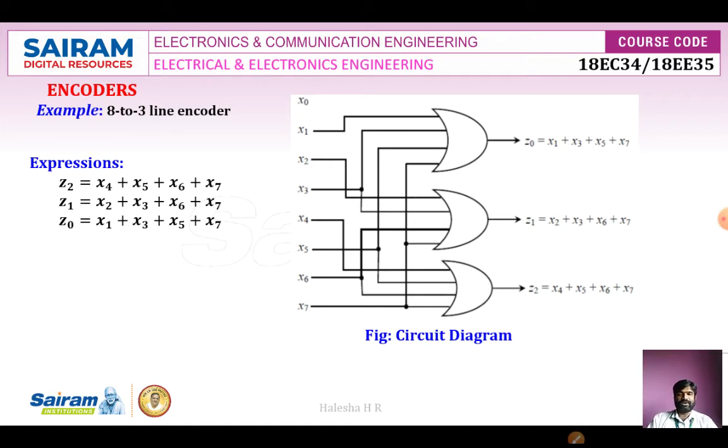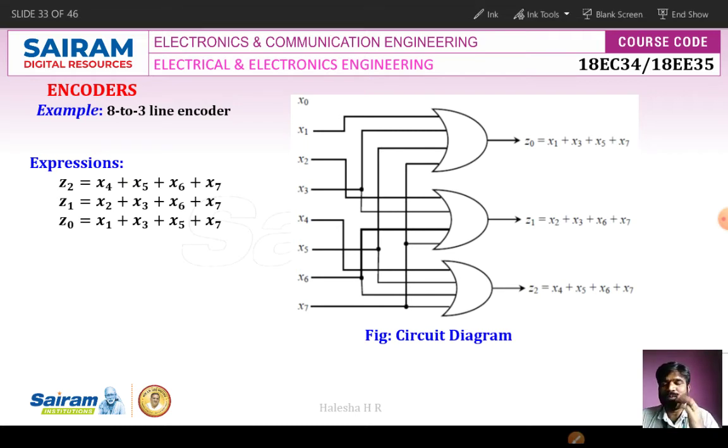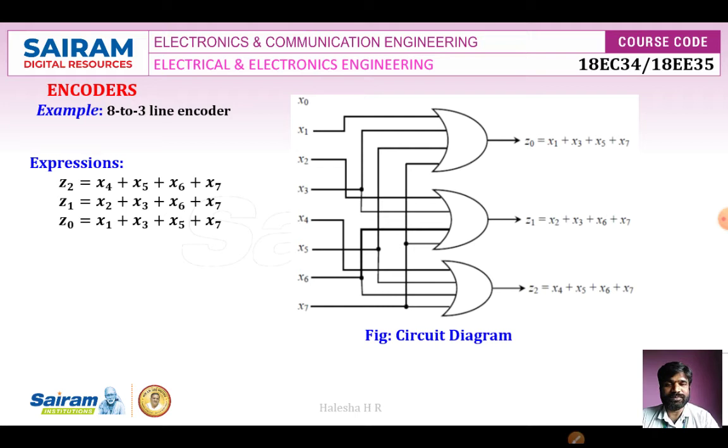Similarly for the Z2 OR gate, we connected the inputs x4, x5, x6 and x7. So this is the corresponding circuit diagram for the 8 to 3 line encoder.